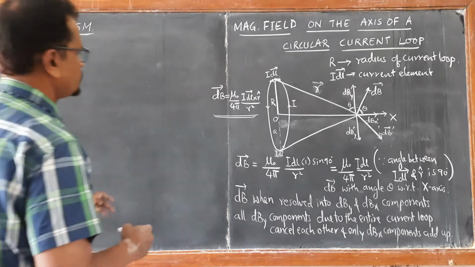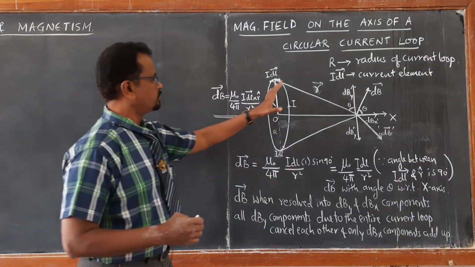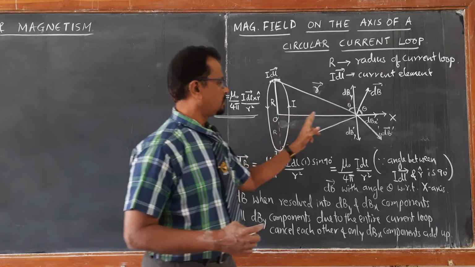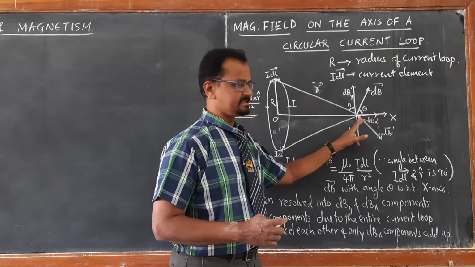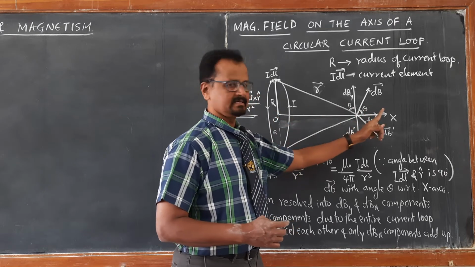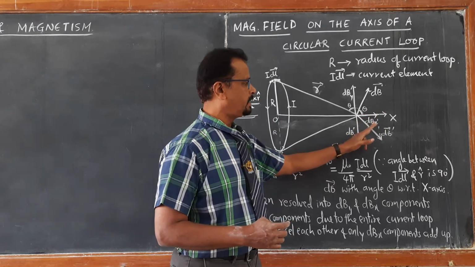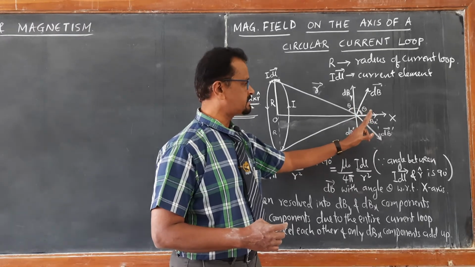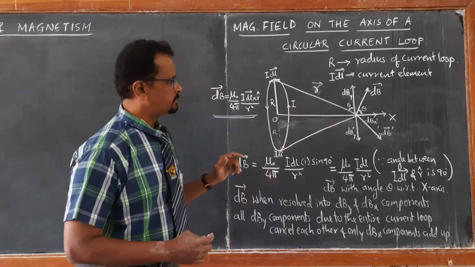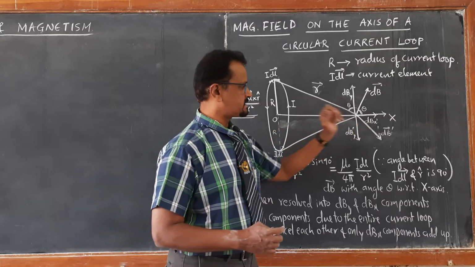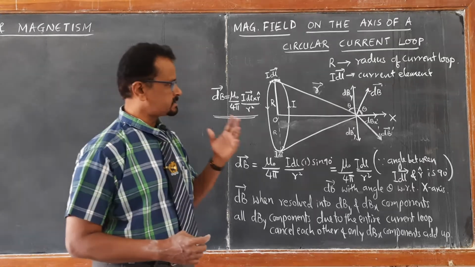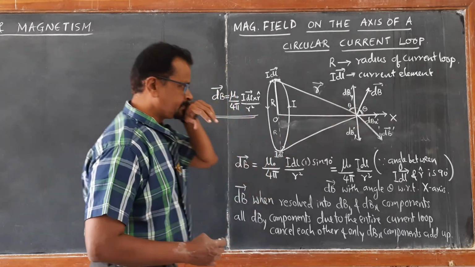Therefore, the magnetic field due to the circular current loop at a point on the axis is exactly along the axis, which is given by dB equal to dBx I cap. So, what is dBx? dBx is nothing but the x component of vector dB.